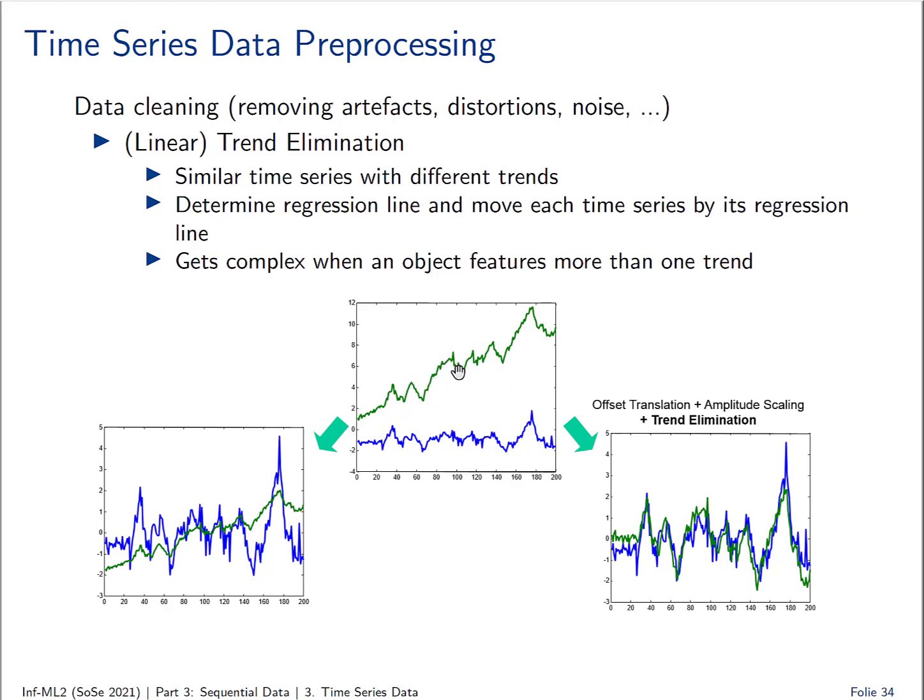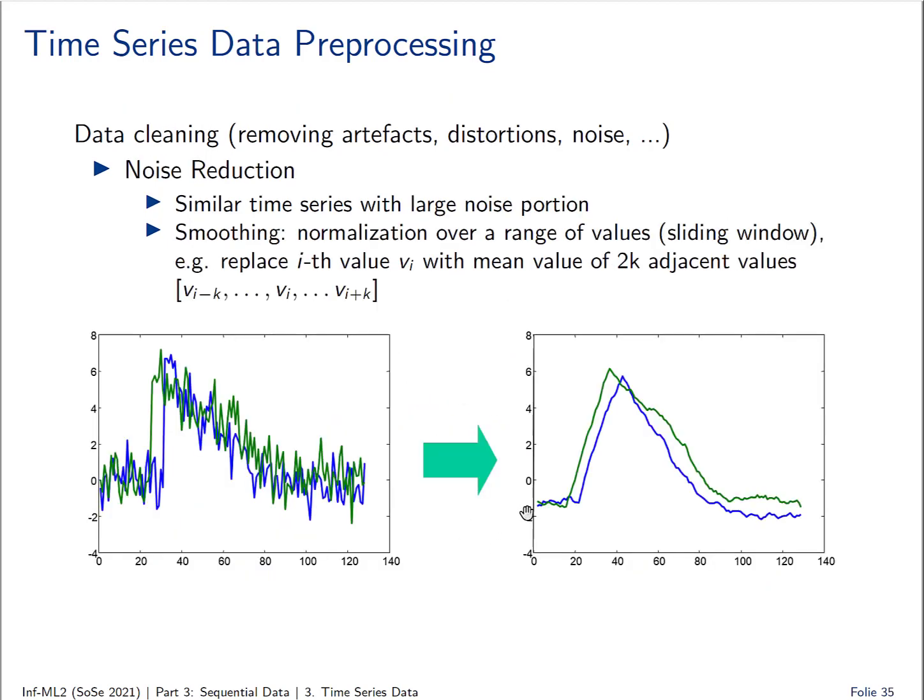Once again, it's extremely application specific if you really want to remove the trend or not. Maybe you have a sensor which has weird behavior, introducing kind of a trend or whatever. Then it could be interesting to do trend elimination in that case.